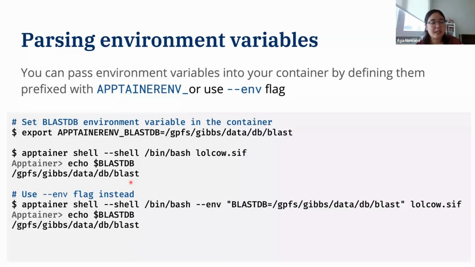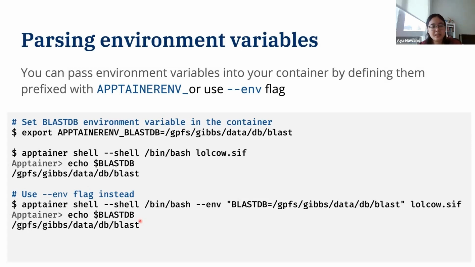Alternatively, you can use the --env flag directly when running a container to set environment variables. This method is pretty easy and does not require the APPTAINERENV_ prefix. So this is an example of setting the same BLASTDB variable using the --env flag, and then you can see that the BLASTDB environment variable is set correctly inside the container.